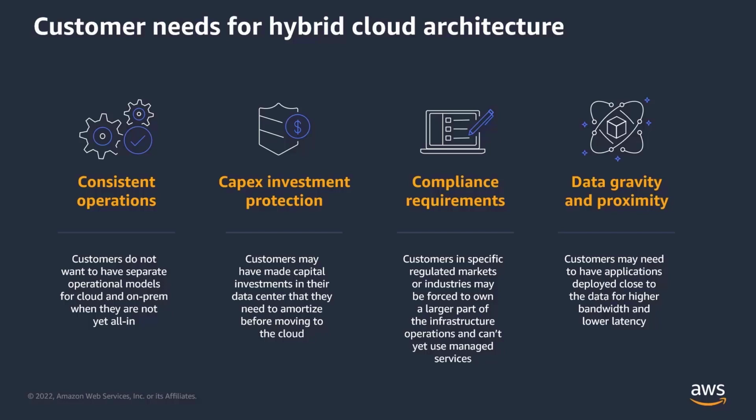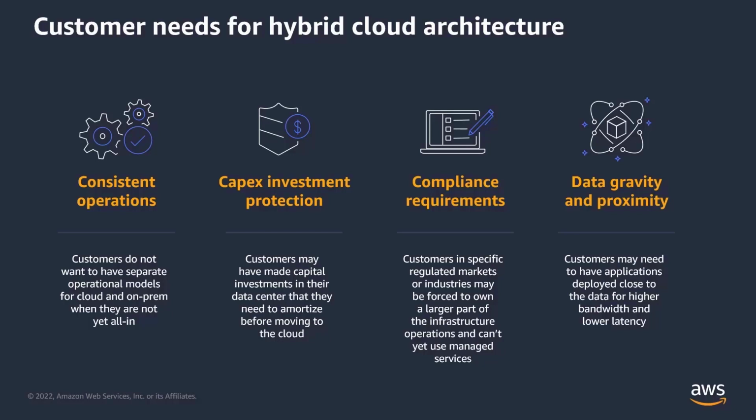Customers running hybrid cloud architecture will face some specific challenges. For instance, operating a separate local management software comes with a cost in the form of increased overhead and the need to learn and manage a separate toolkit and skill set. Now, as they face these challenges, customers want to simplify their operations by having one consistent toolset across cloud and on-premises.